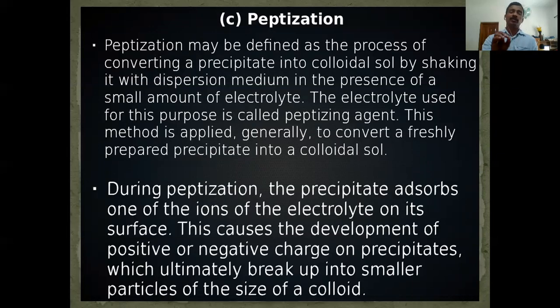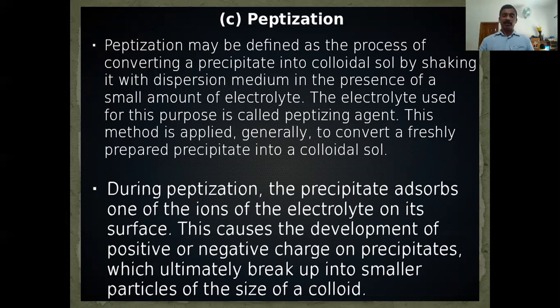So peptization is the process of conversion of a precipitate into a colloidal solution by shaking it with the dispersion medium in the presence of a small amount of electrolyte. That precipitate will change to a colloidal solution when you add a small amount of electrolyte and agitate it.